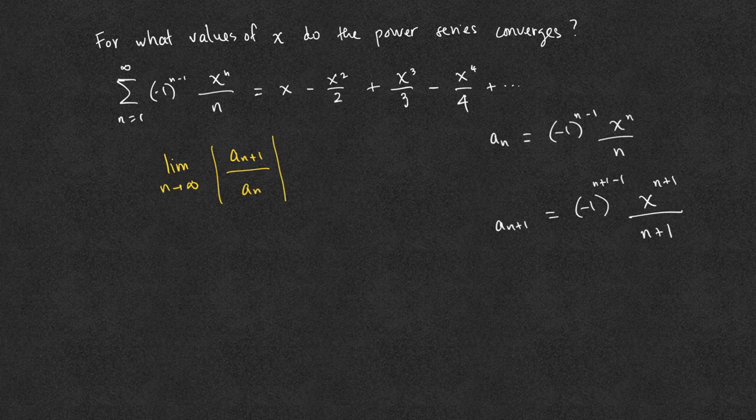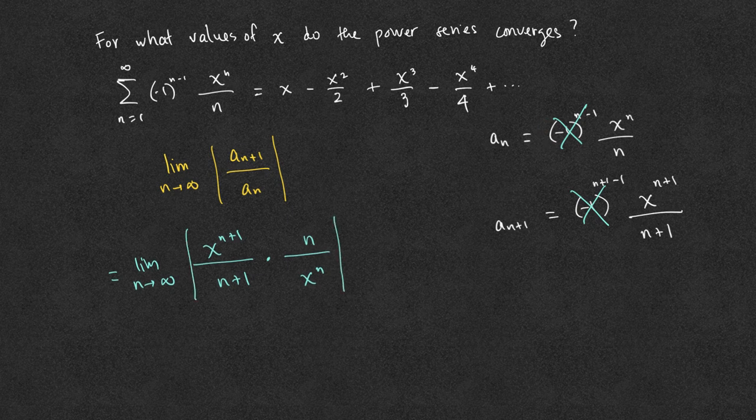We only need to evaluate the limit of the absolute value of the ratio, so we won't need the factor (-1)^n or (-1)^(n-1). This is now the limit as n goes to infinity of x^(n+1) over n plus 1 times the reciprocal of a sub n, which is n over x^n, with the absolute value.